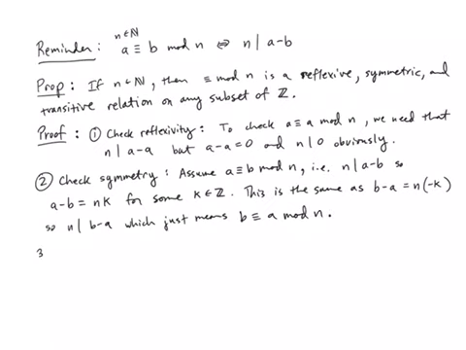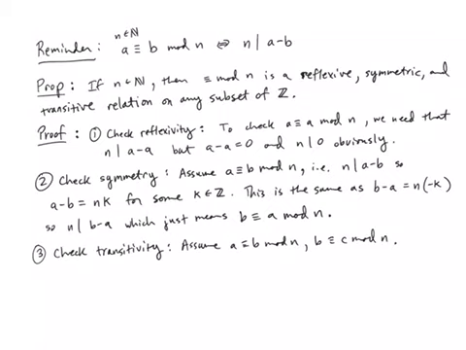Okay, and then 3 is we'll check the transitivity. So for this, we assume that A is equivalent to B mod n, and that B is equivalent to C mod n.